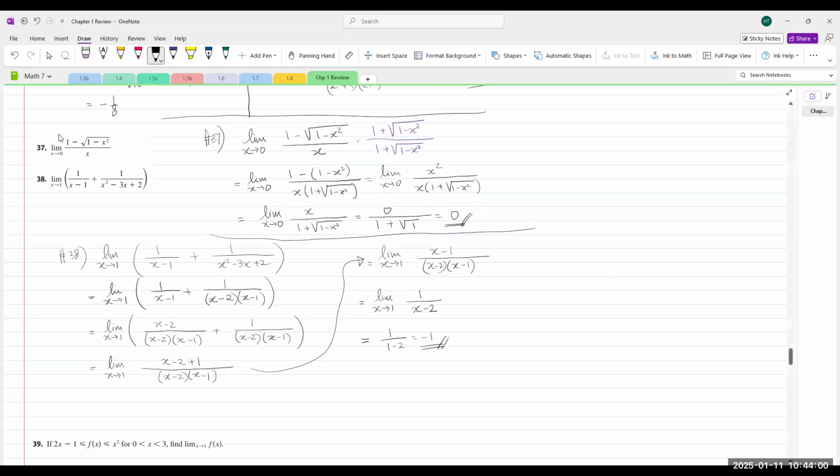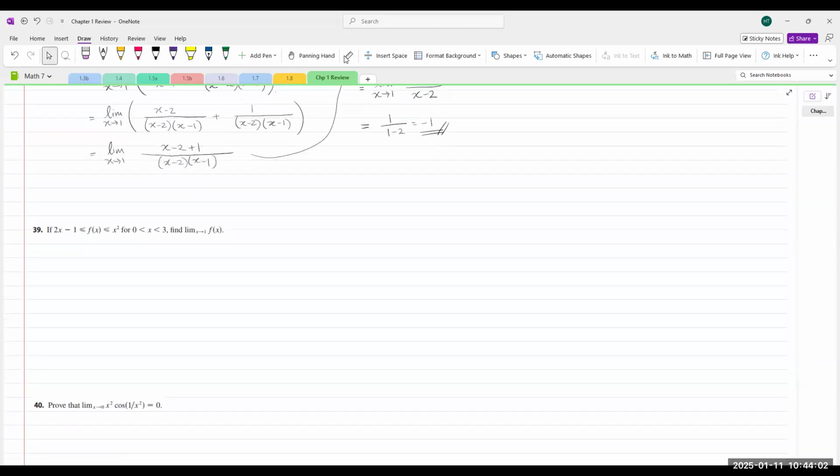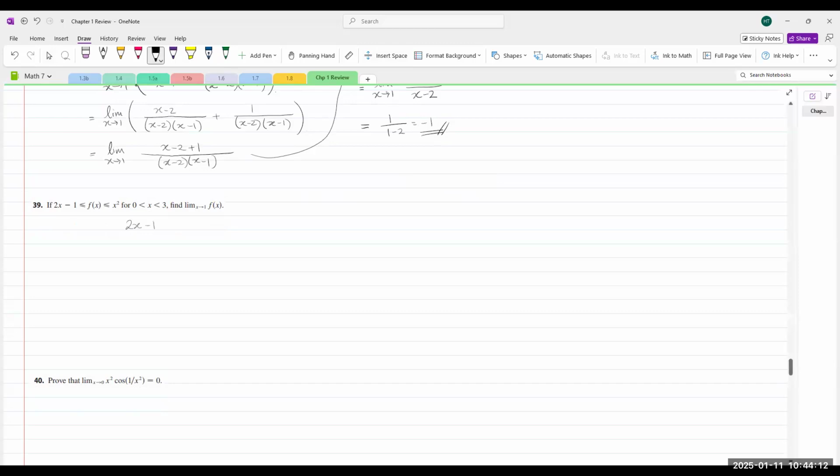Now I go on to number 39. Suppose we have a function that is bounded above by x squared and below by 2x minus 1 for x between 0 and 3. Now what happens if your limit is approaching 1?